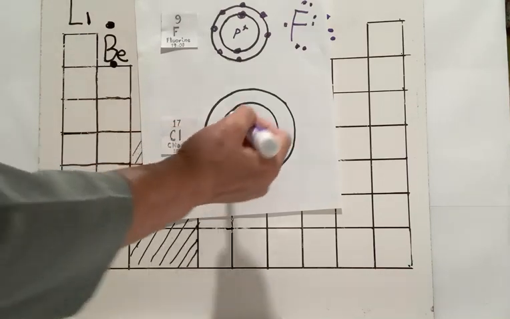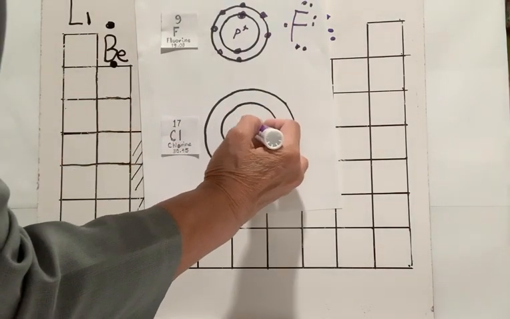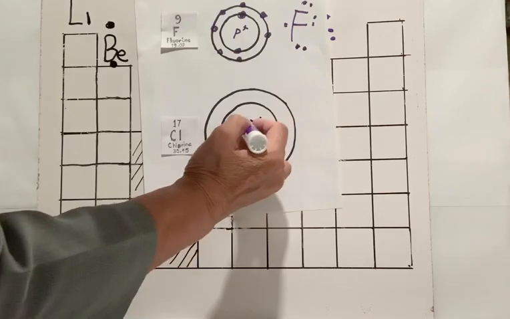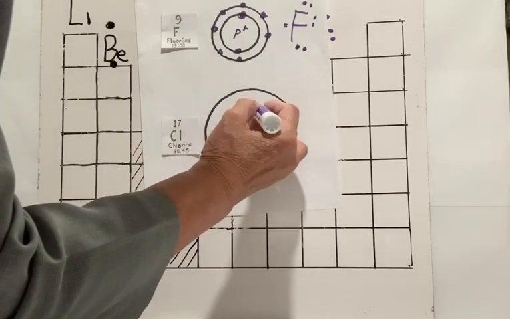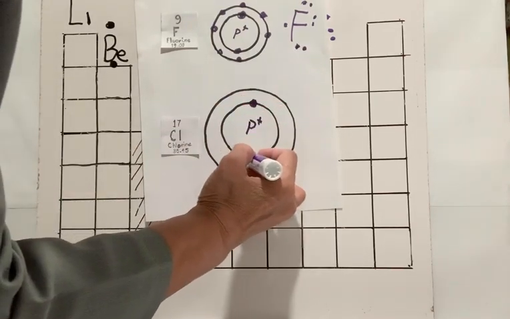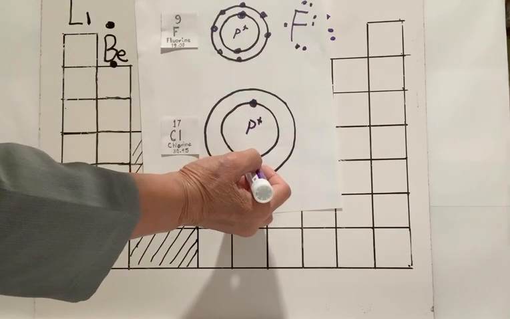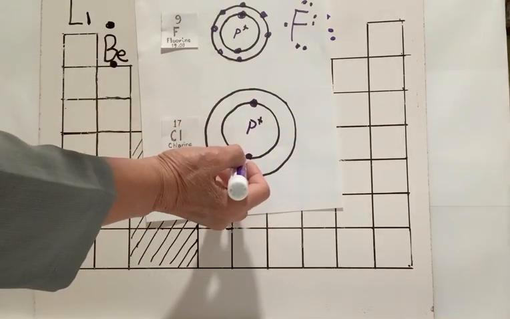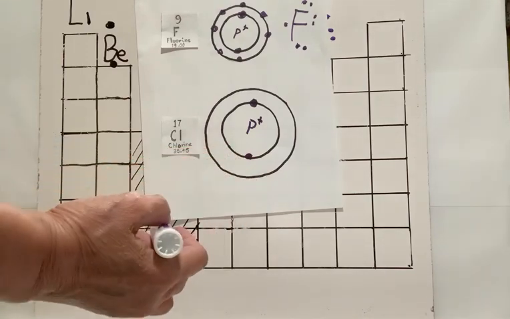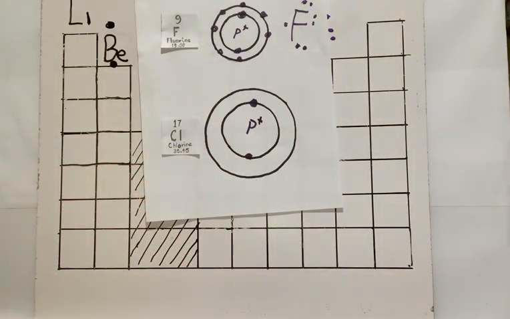Because it is neutral, here again are the 17 protons and the 17 electrons. Look, the first 2 electrons are again on the first energy level. So 17 minus 2 is 15, right?